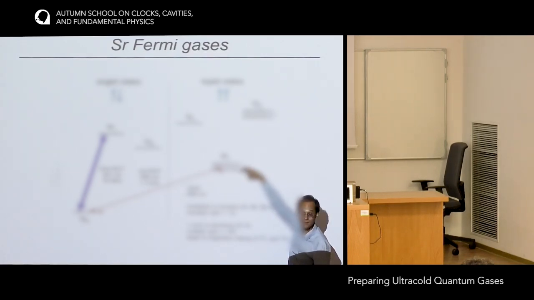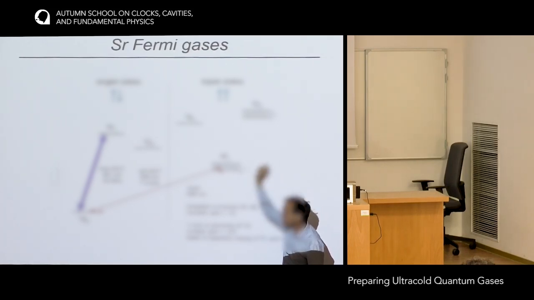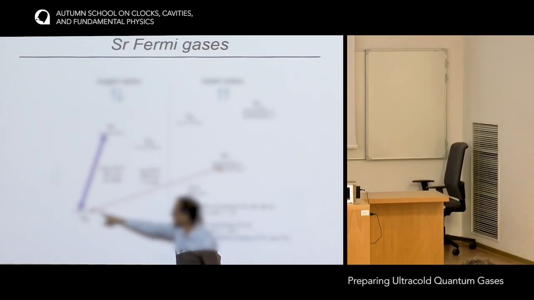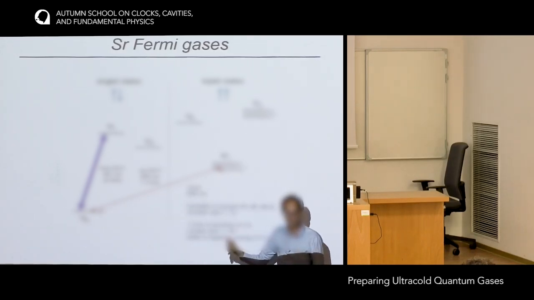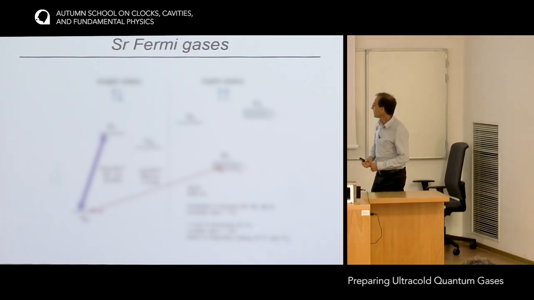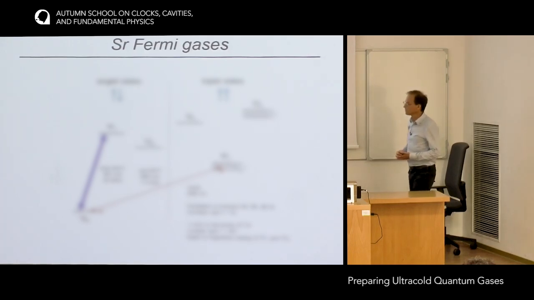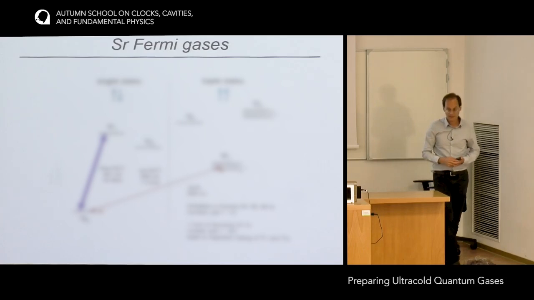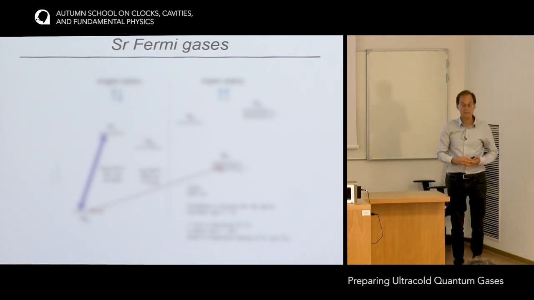Especially the 3P1 state and the 3P0 state are a tiny little bit mixed. And that allows you, as an electric dipole transition, to drive 1S0 to 3P0 with a line width of 1 millihertz. And that's nice to have. It simplifies clock construction.